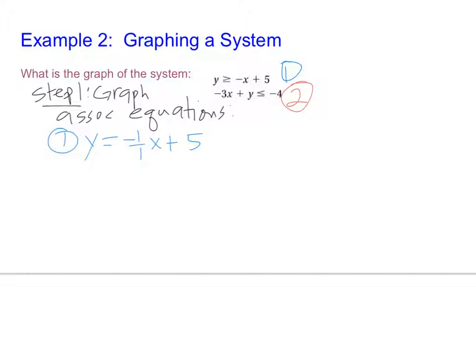So this equation is in slope-intercept form again. We have a rise over a run. We're going to go down 1 and right 1, and we have a y-intercept of 5.